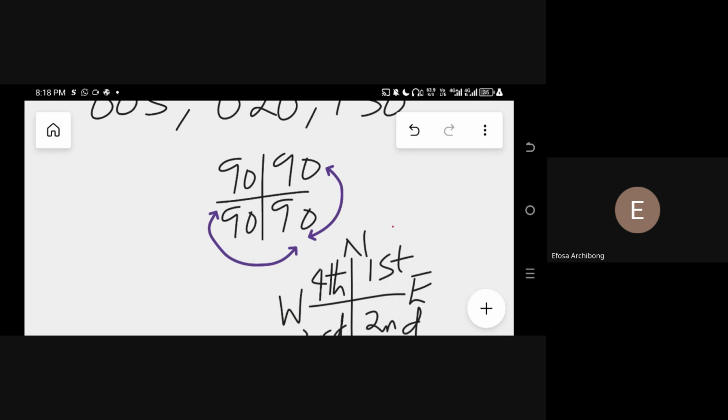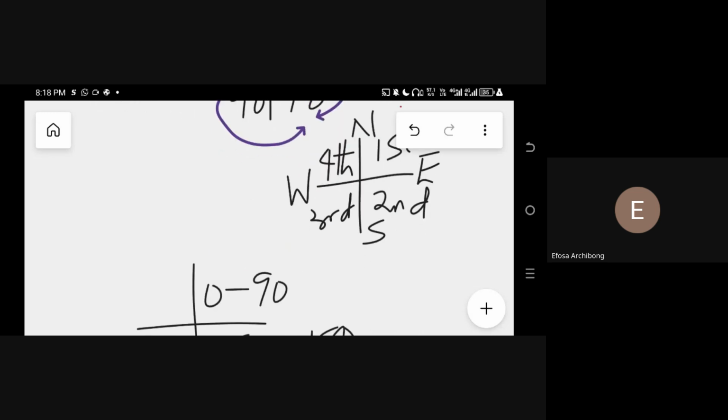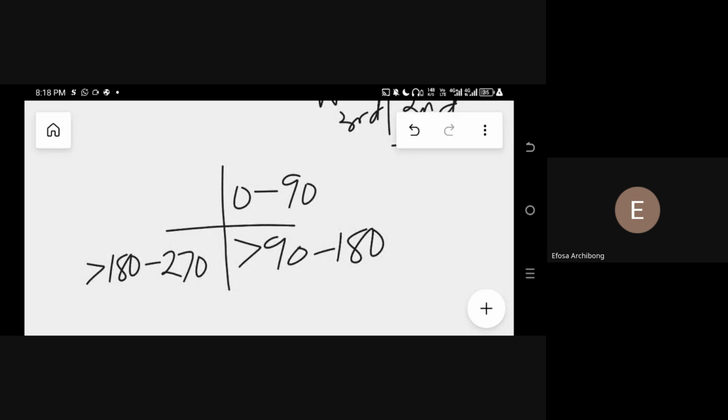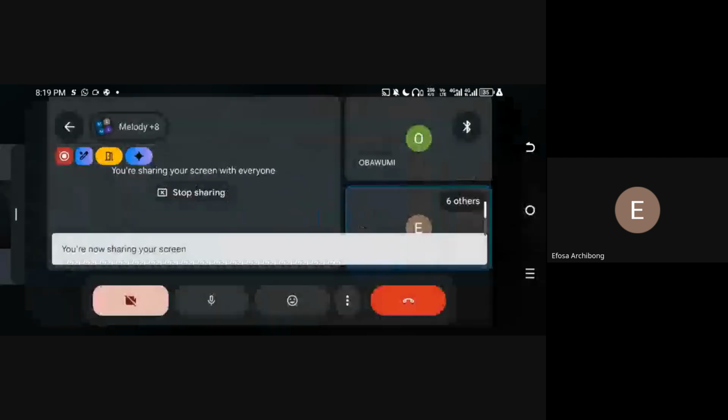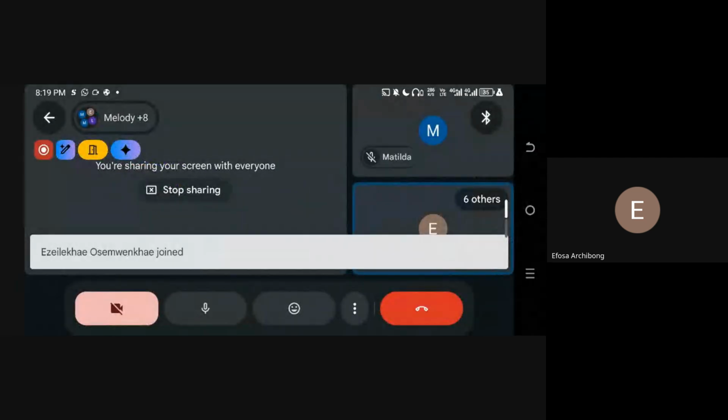You are adding first quadrant 0 to 90, second quadrant above 90 to 180, third quadrant above 180 to 270. That's the third quadrant. So before the call went off, I was asking who can tell us the angles that can be found in quadrants.